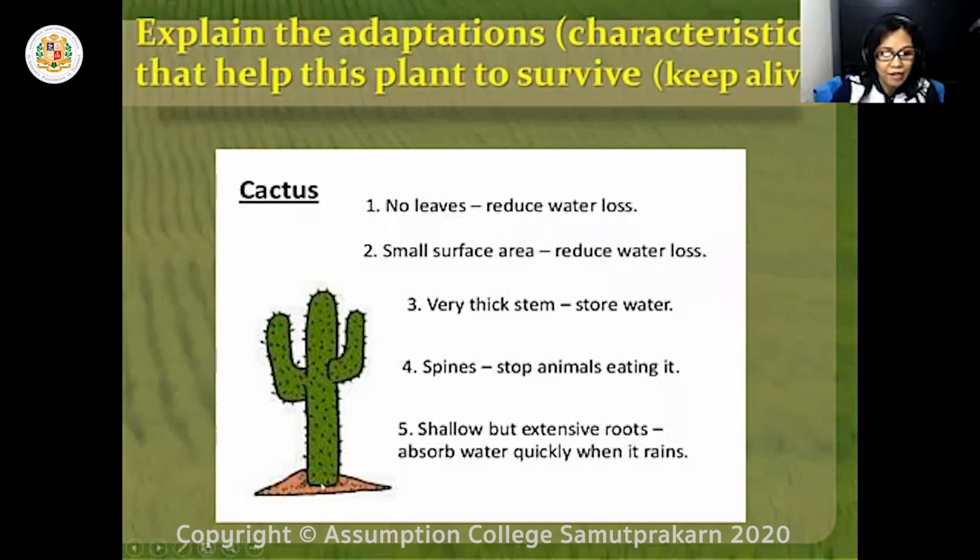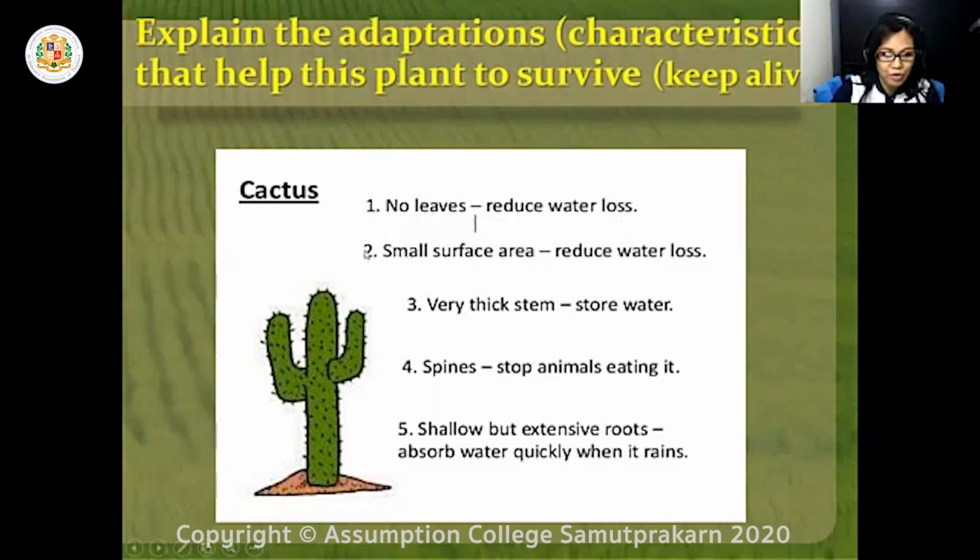And what are the characteristics of this cactus that help it to survive or keep it alive in its environment? So, number one, cactus has no leaves. Without leaves, it can help the cactus to reduce water loss.